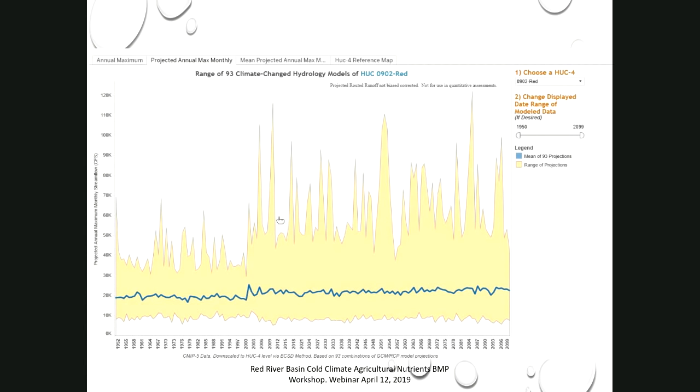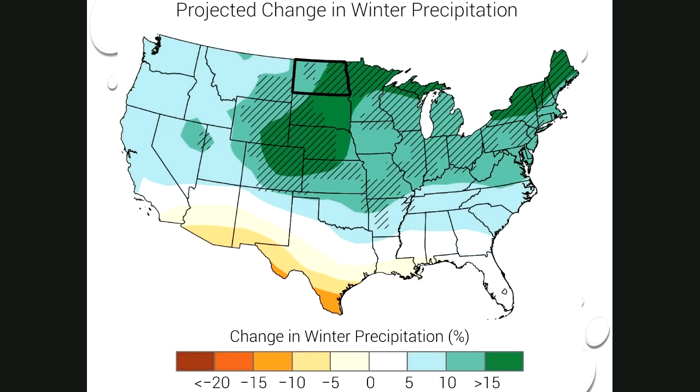The models show a lot of variability, but the trend line is increasing precip throughout, as we move ahead in time. And there's other models on climate change. This is one just pulled out that's just projected change in winter precip, potentially substantially more winter precip in this region. So with that, that's kind of an overview of the hydrology and the conditions throughout the basin.